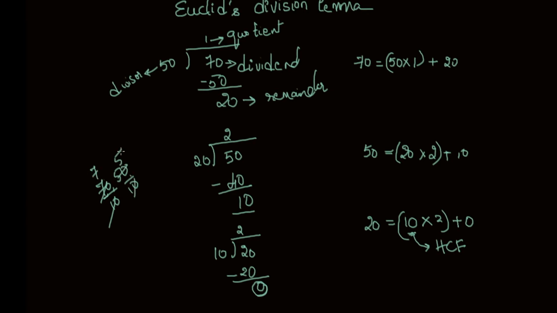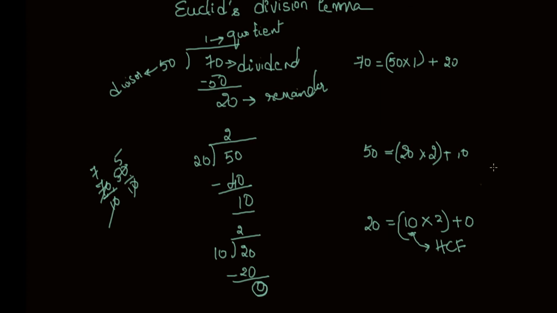So both numbers are divisible by 10. So this is the highest common factor of 70 and 50. So instead of using the method we have learned in our primary classes, we can use this.